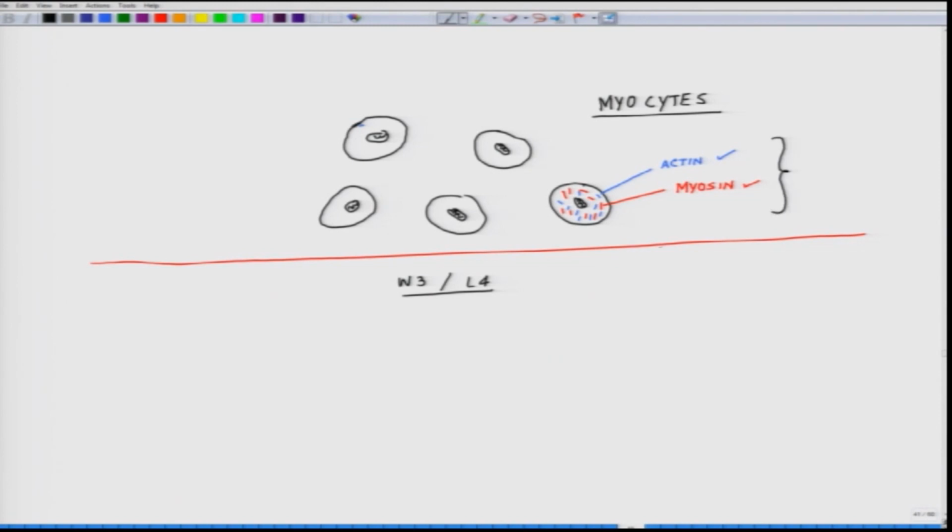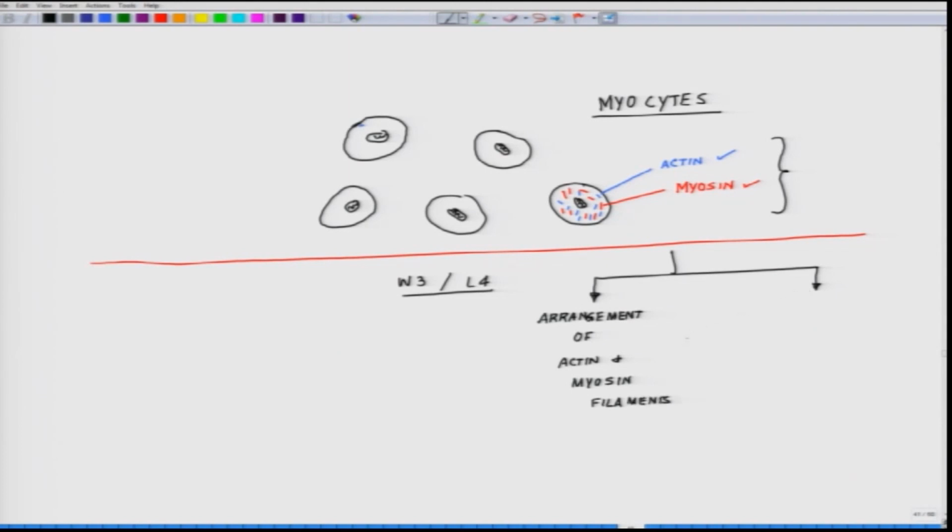Today we will be talking about two aspects. One aspect is the arrangement of actin and myosin filaments.